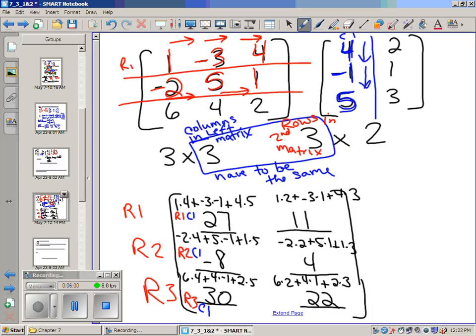My answer matrix always has the same dimensions as this. So it's a 3 by 2. The resulting matrix is a 3 by 2. The dimensions of the answer is always the number of rows in the left matrix by the number of columns in the right.